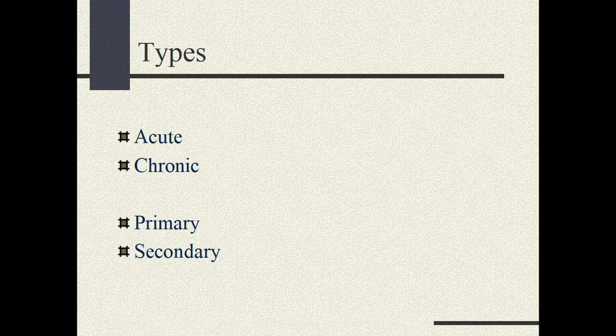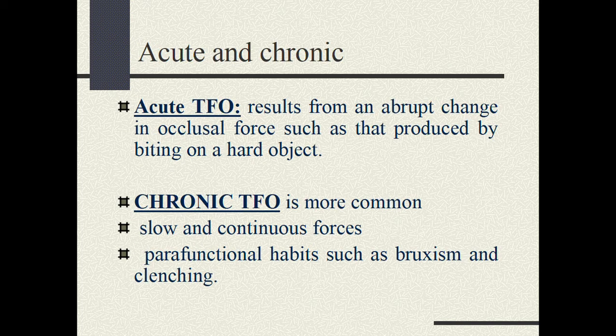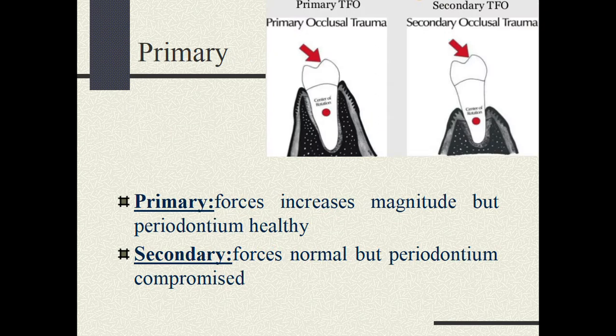Classification: acute, chronic, primary, and secondary. Acute results from abrupt changes, for example, biting on a hard object. Chronic is more common, where slow and continuous forces are delivered on the tooth, for example, parafunctional habits like bruxism and forceful clenching. In primary, forces are increased, but the periodontium is healthy.